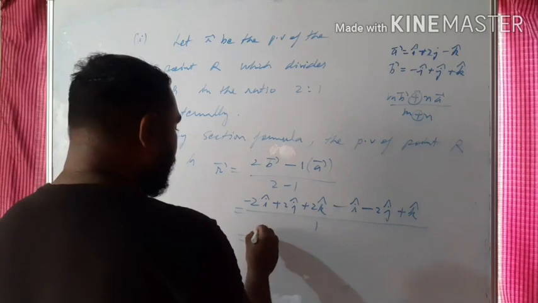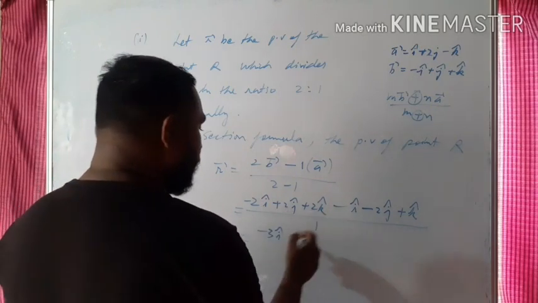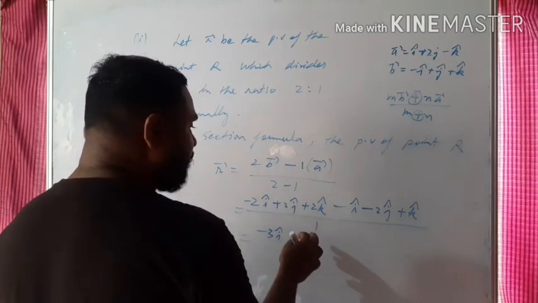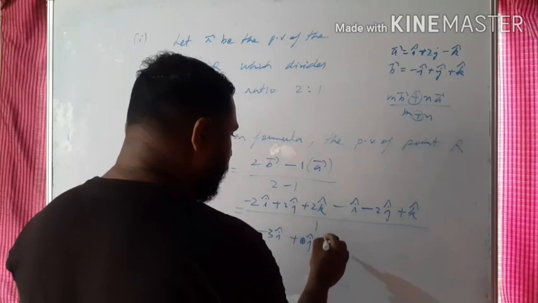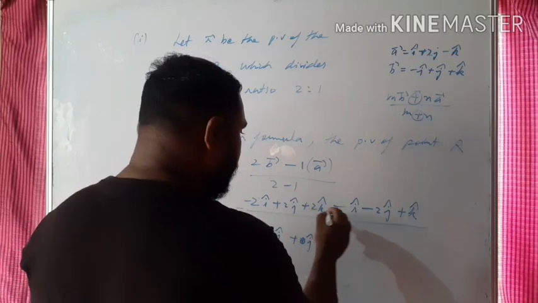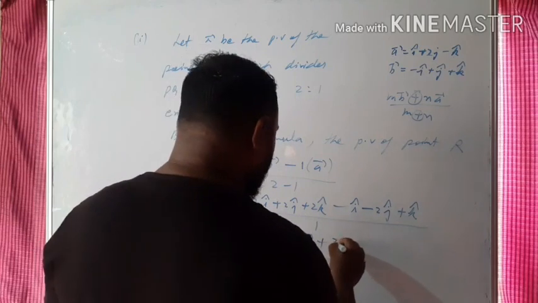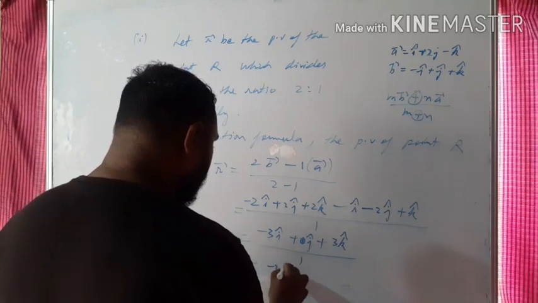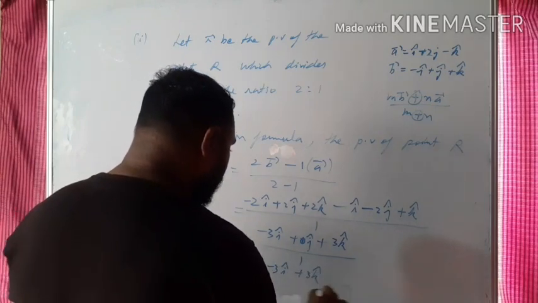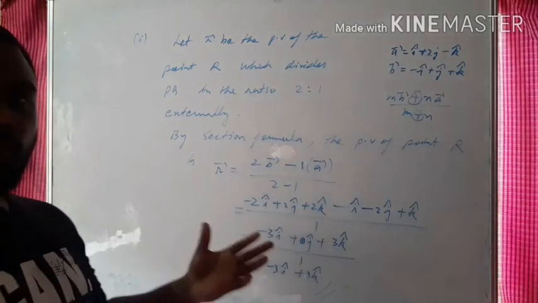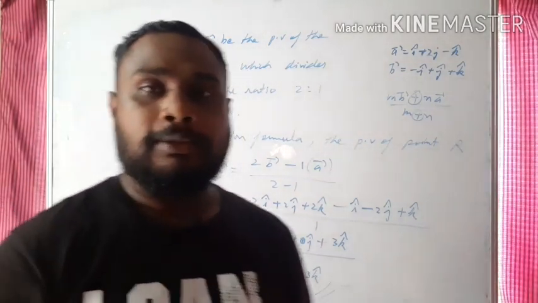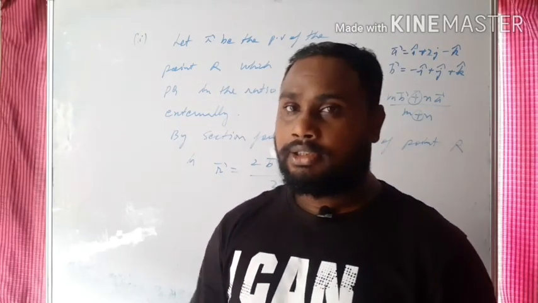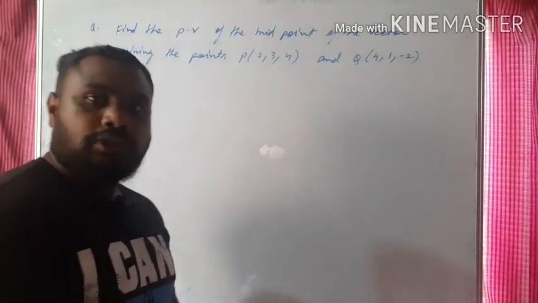So I will get 3i minus 3i, here it will be 0j, no need to write, but I am writing, and 2k plus k will be 3k divided by 1. So it is nothing but 3i plus 3k. This is the answer: the position vector of the point R which divides the line PQ in the ratio 2:1 externally. Okay, so let's see the next question.